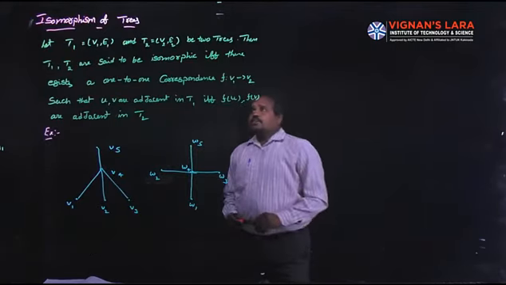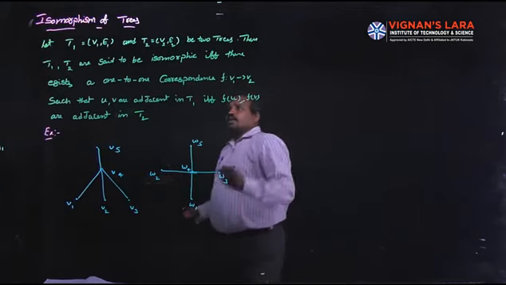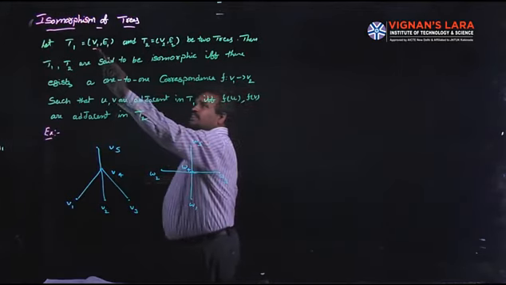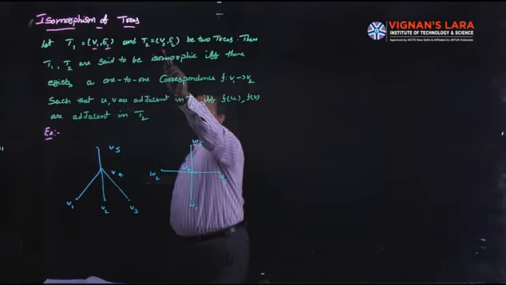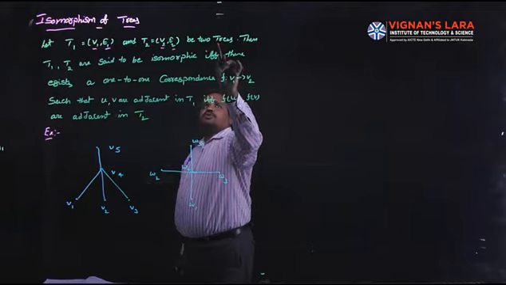Isomorphism of trees. Let T1 having vertex set V1 and edge set E1, and T2 having vertex set V2 and edge set E2, be two trees.